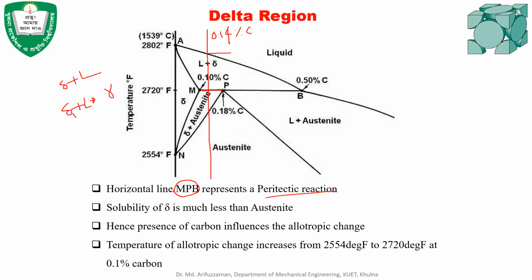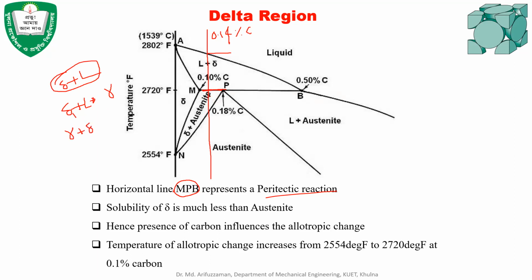The gamma is the austenite. So at the peritectic temperature, delta and liquid will react at a constant temperature to form austenite. That means just before this peritectic temperature line, there was delta and liquid, and after the peritectic temperature line, in this region, there will be gamma plus delta.